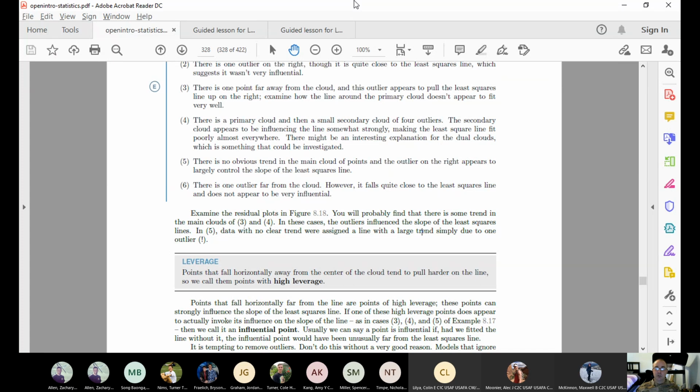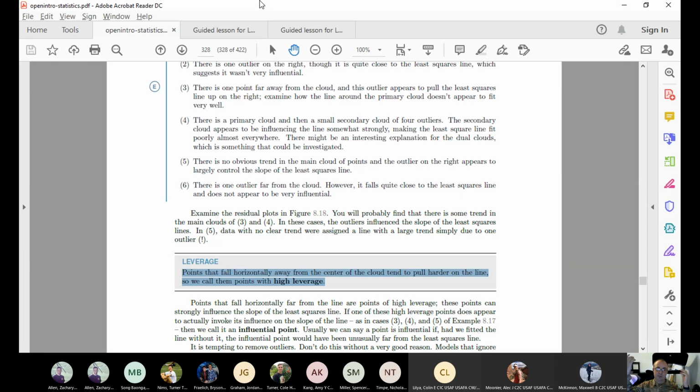What leverage and influence give us is a way of describing the outliers, right? So they say right here that points that fall horizontally away from the center of the cloud are called high leverage, right? Because points that are further away on the x-axis tend to have more leverage. Because the further away they are on the x, think of that line as a big lever, right?